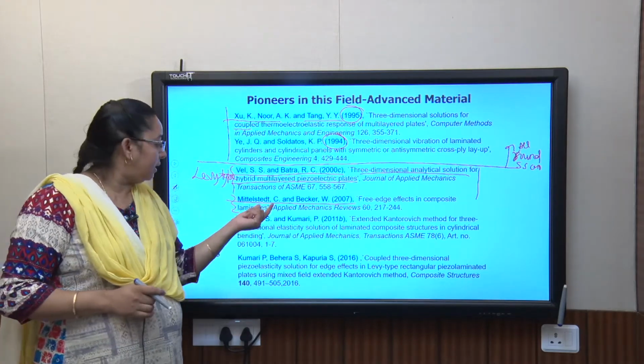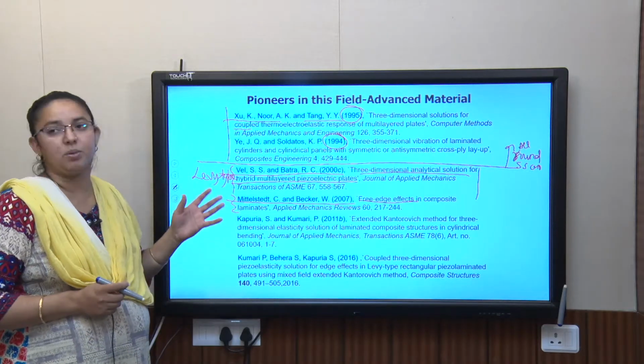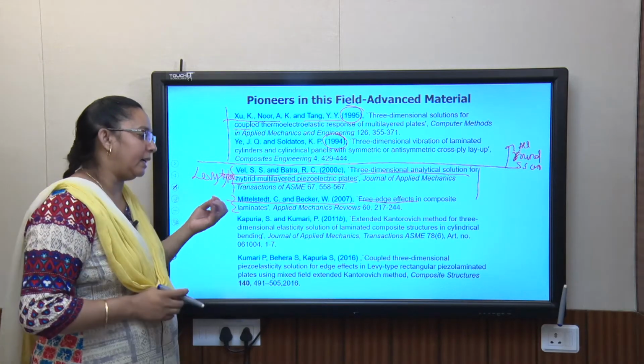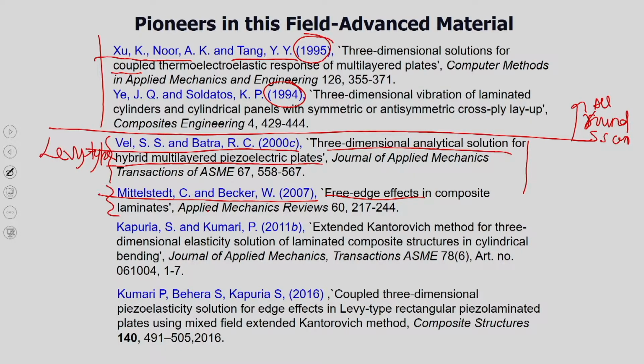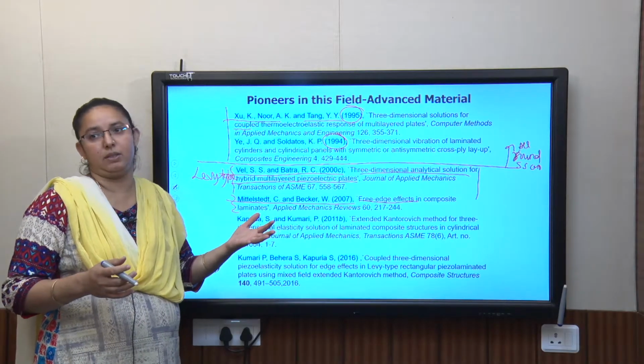At the end, the conclusion is that if a 3-dimensional solution can be developed, it can give a real picture of these effects. People tried, okay, we can do it with the help of finite element, but there were some issues. We cannot exactly mimic the behavior of plates or shells or a structure having geometric discontinuities.